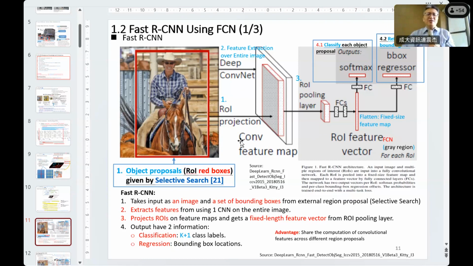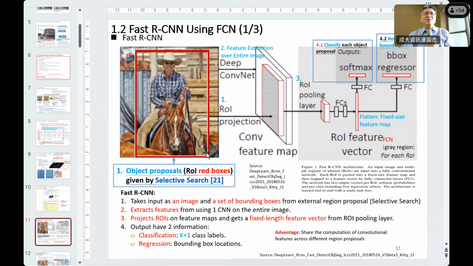So let's see. First of all, they do feature extraction over the entire image. That means we have an encoder and a feature map. And here we already have this region.